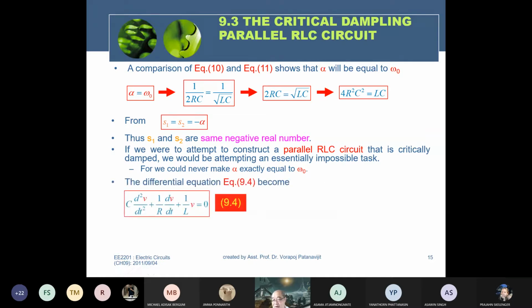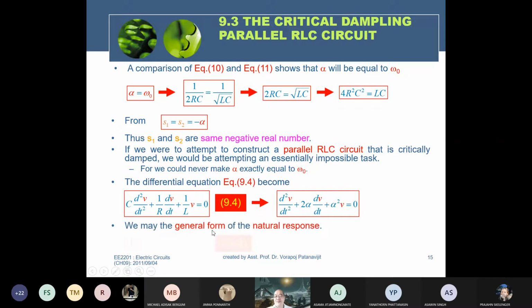But theoretically, it's possible. The differential equation is expressed here. Simplify it into equation 4, and we get the general form of the natural response: V equals e to the minus alpha t, times A1 t plus A2, where alpha is equal to this.